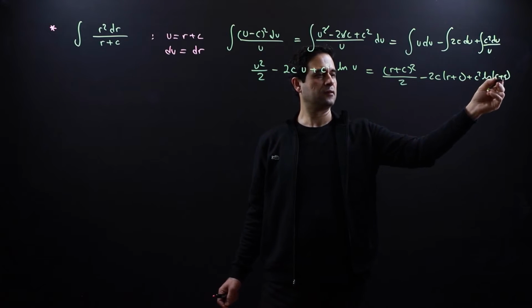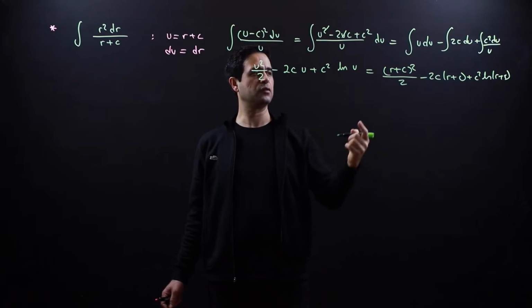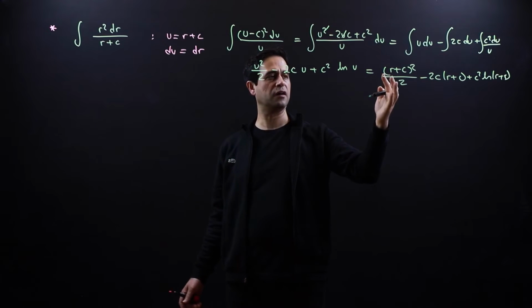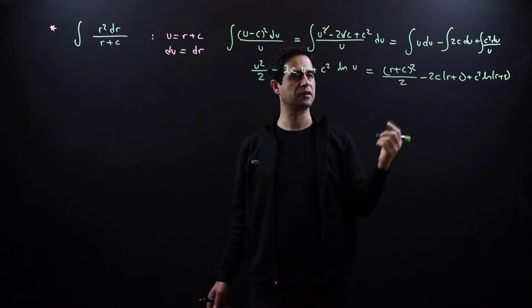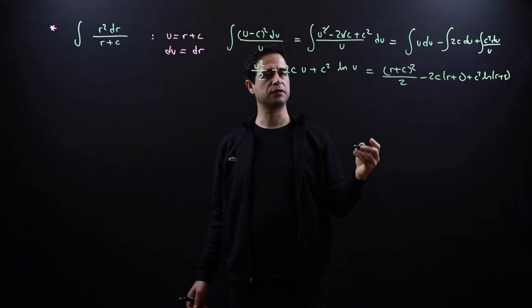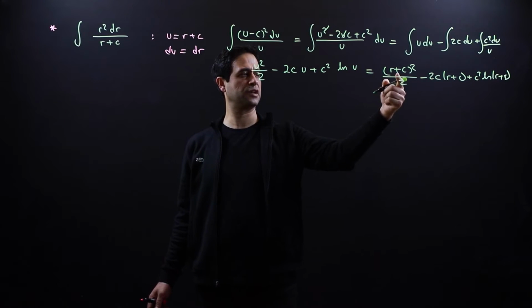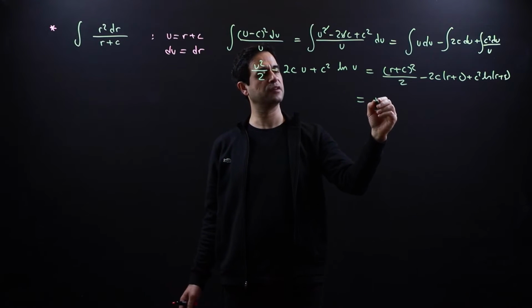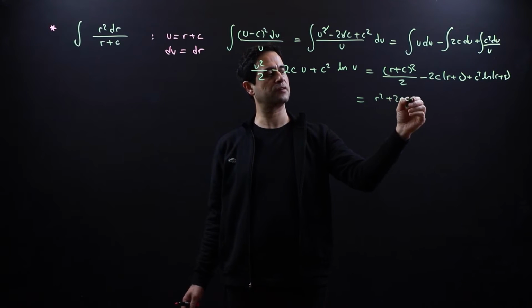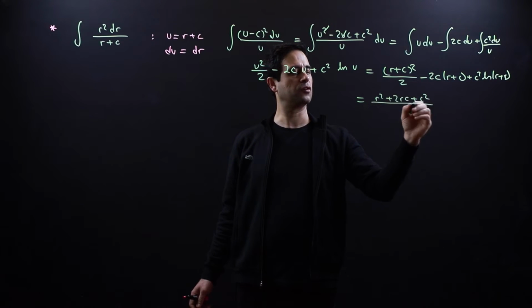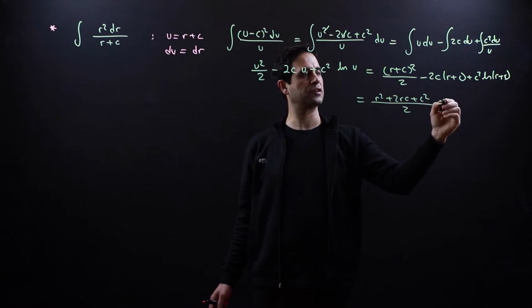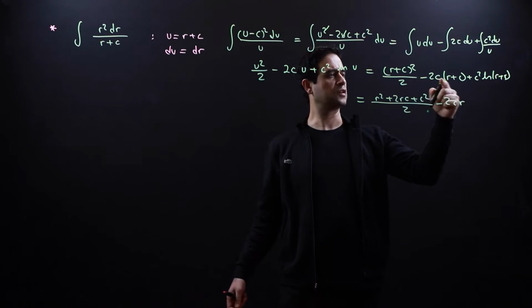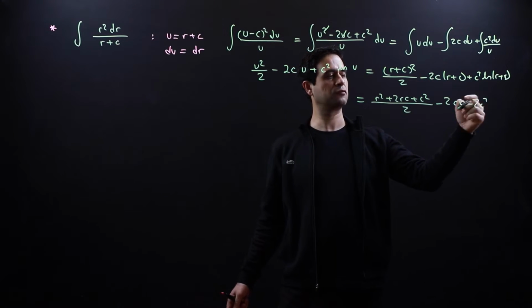And then one last thing that you do is you want to express it in terms of r's and r squares and constant terms and this logarithm term. And to do that, you expand this r plus c squared as r squared plus 2rc plus c squared, now all divided by 2. And this is going to be minus 2cr. So that's minus 2c squared.